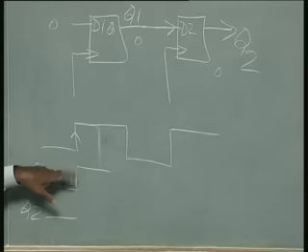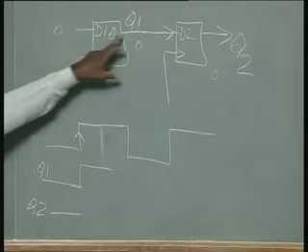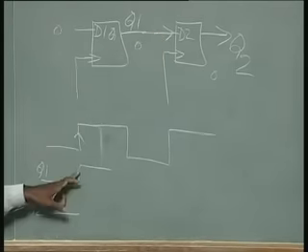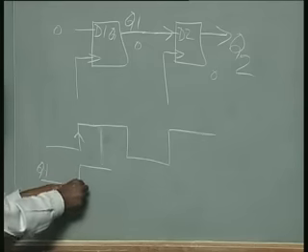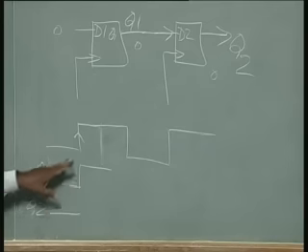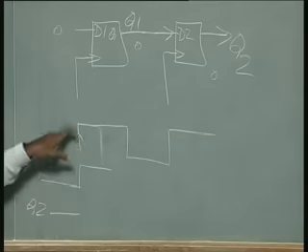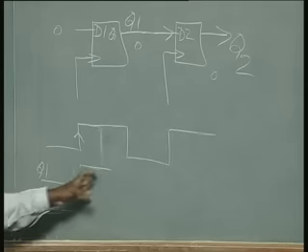Notice that Q1 is 0, and it is going to change state only a little later, not right here. Are we clear? Although we applied this here, it is going to change only after a delay.